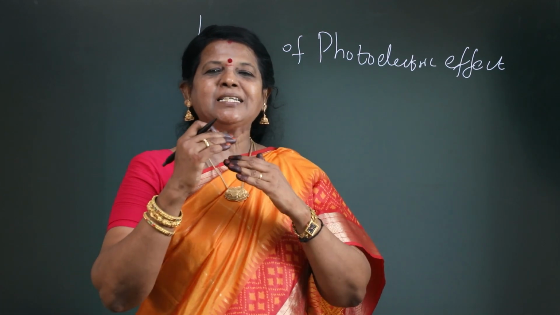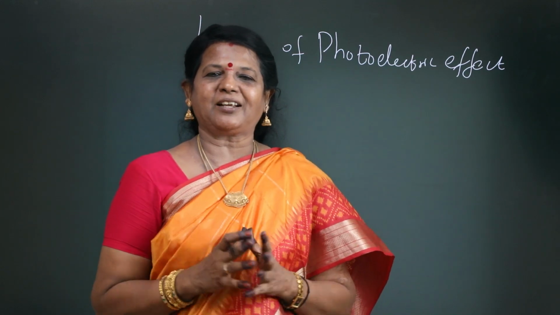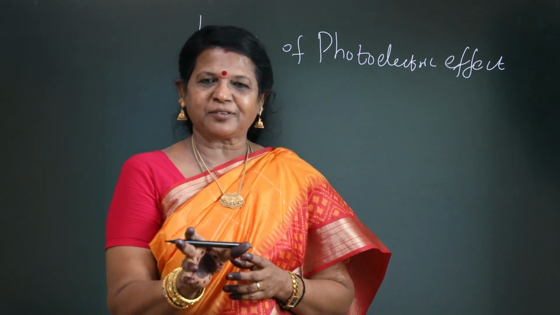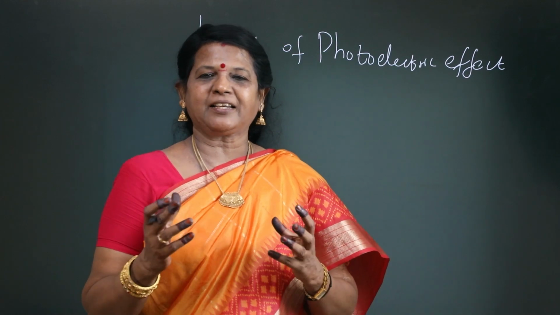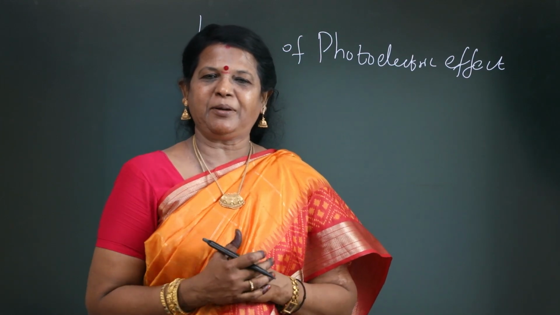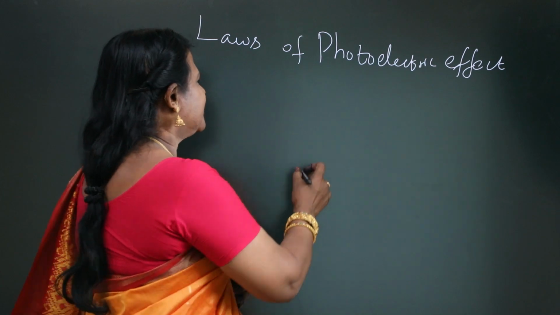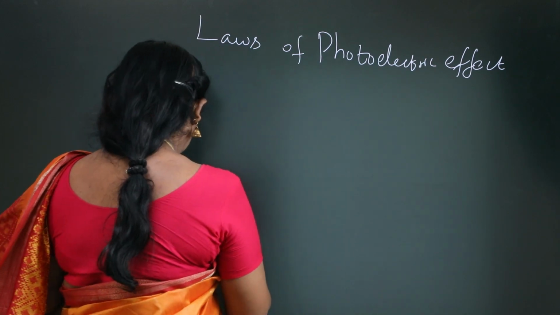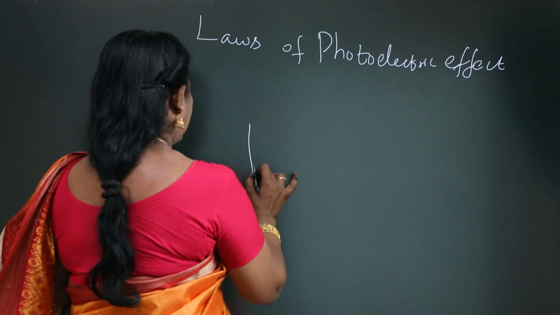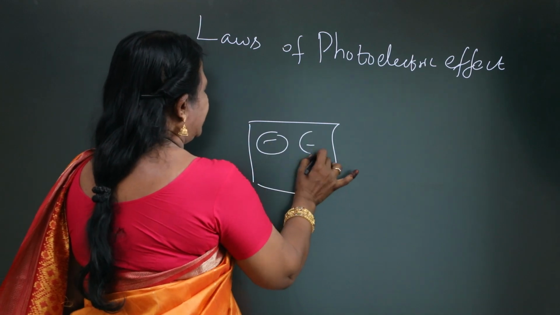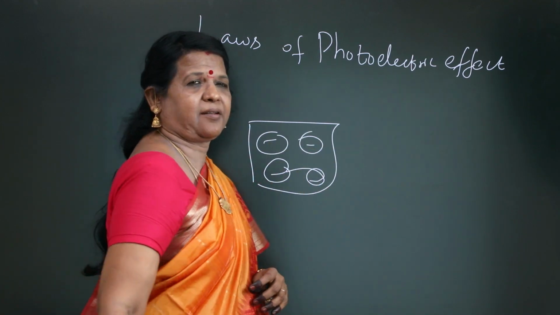So, below this minimum frequency, there is no electron emission. After reaching the threshold frequency, the photoelectrons can be emitted from the surface. This is a metal piece. Here the free electrons are moving here and there.